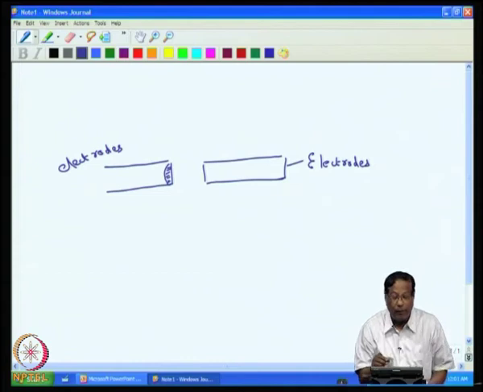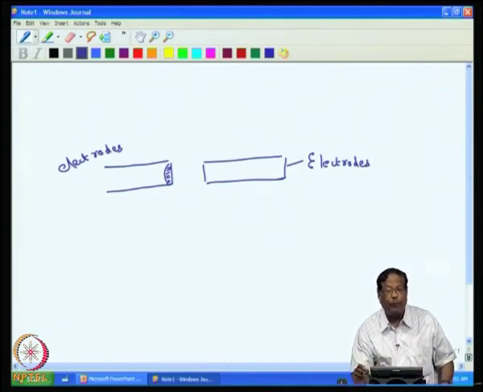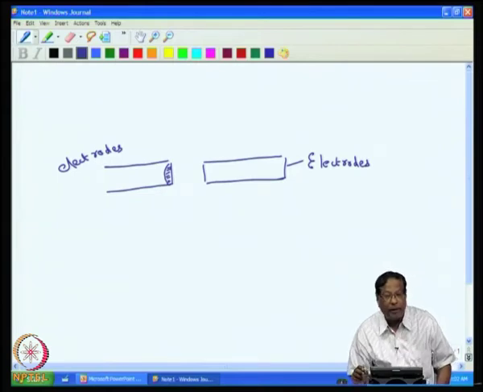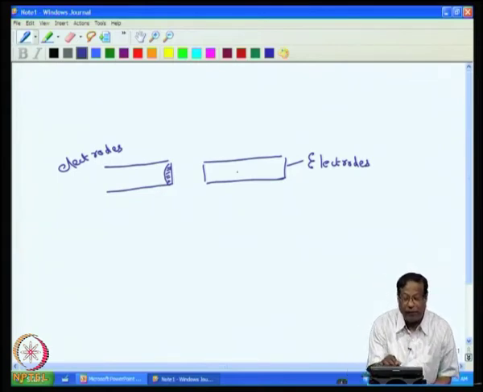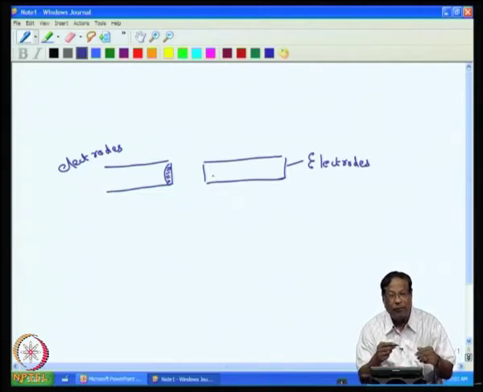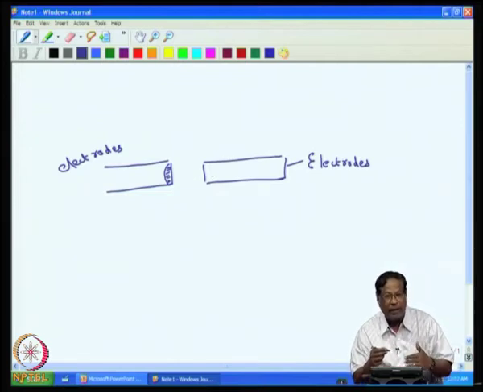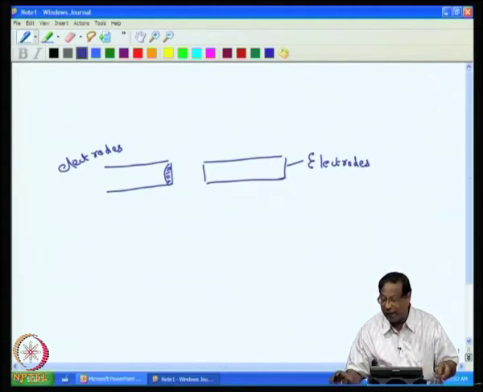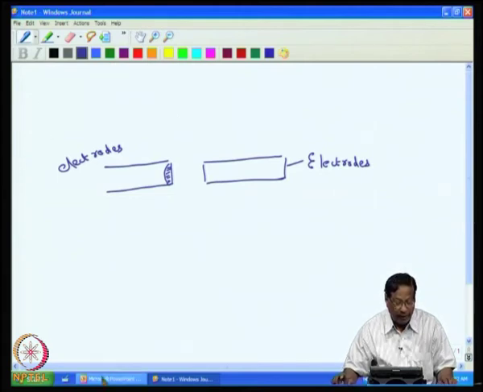Essentially, most of the atomic emission spectra are generated by using electrodes like this and bringing them nearer, not exactly making contact, but somewhere near, and then you apply a high energy current so that the arc discharge takes place.